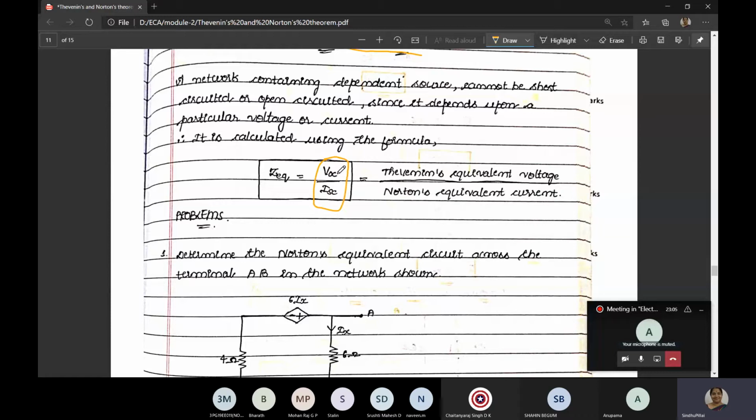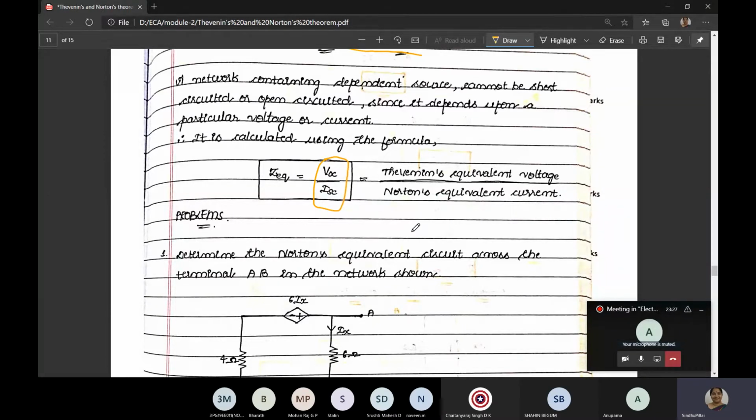This is Thevenin's equivalent voltage, the VOC, the open circuit voltage after open circuiting. What is this current? Current is Norton's equivalent current, or the short circuit current.